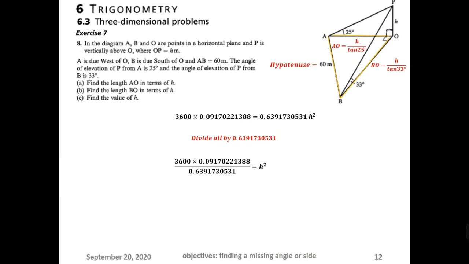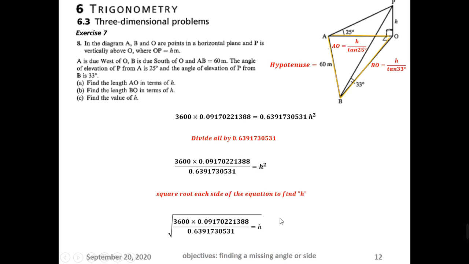Now, again, we are solving for h, not for h squared. So we must square root each side of the equation to find h. Accordingly, h is equal to 3,600 times 0.0917 over 0.639, all under the square root.